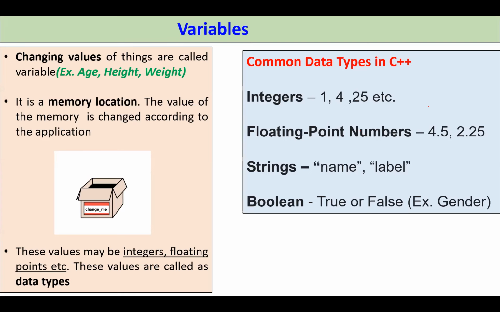For example, if you want to store a person's gender, the best data type is the Boolean type. You have to assign a Boolean type variable there. In that way, we should identify the suitable data type for our variable. Right, then write down these common data types in C++.